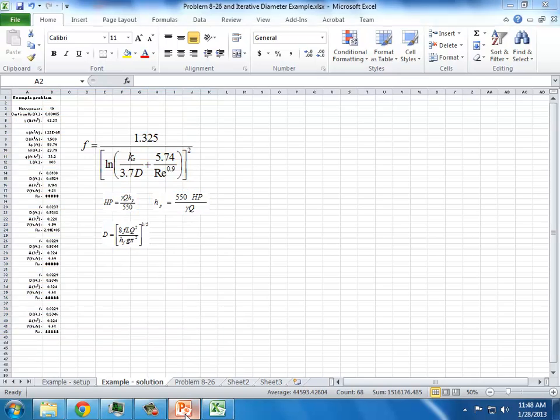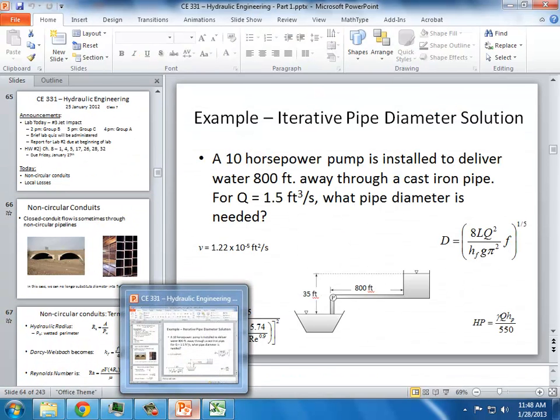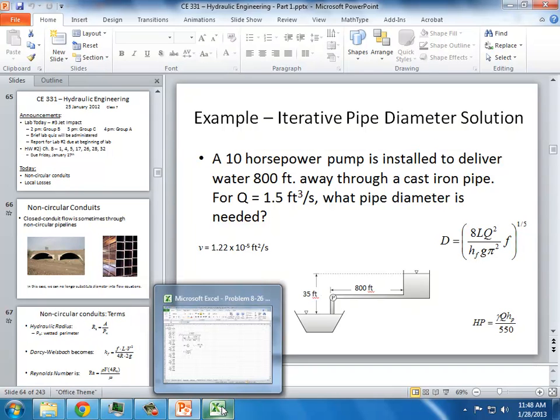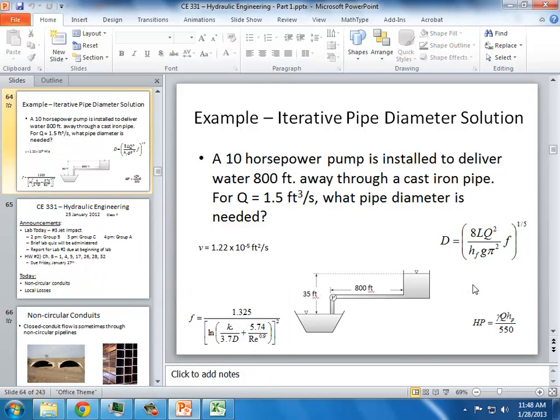And then what you'd be doing on paper is maybe the stuff before that: converting GPM to cubic feet per second, defining the variables, solving the h sub P from horsepower, that sort of stuff.